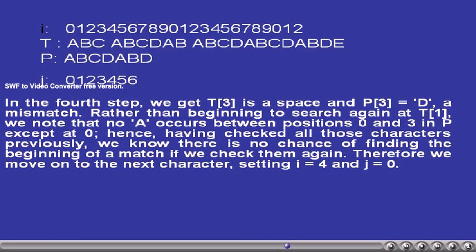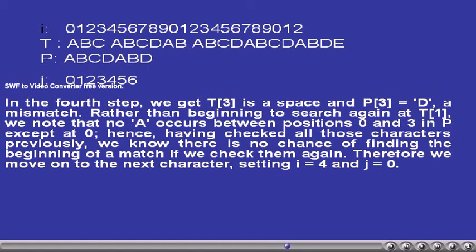Consider another example for the sake of understanding. The strings T and P are as given above. When the I value is 0 and the J value is 3, we find that there is a mismatch. If you observe, we know the string T: T1 is B, T2 is C. They are not A, the capital A, that is the first character of the string P, P0.